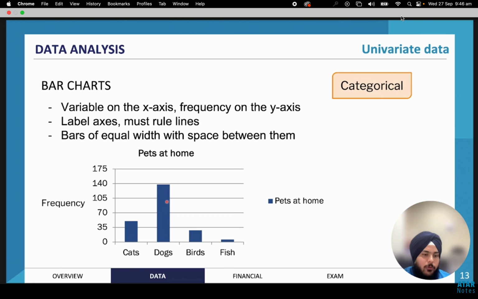We can easily tell from this graph that dogs is the mode here, or the highest frequency. So most people have dogs in our sample, and if we were to quickly estimate how many people that was, we can approximately say around 138 or 139. So bar graphs are really good for easily or visually depicting frequencies of data.